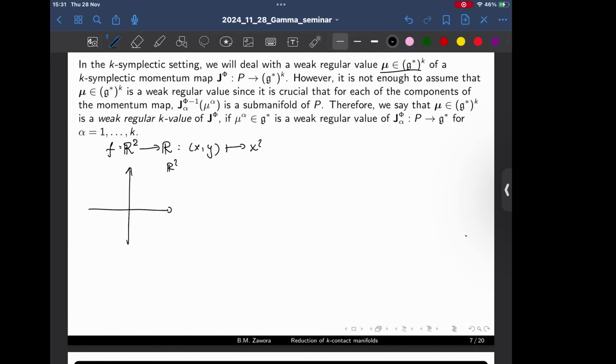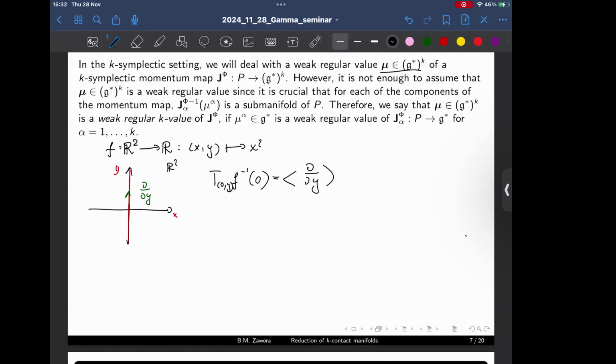So then, if R2, you can see that the tangent space at (0, y) of f^{-1}(0) is spanned by d over dy, since this is this space. So of course, the tangent vectors are d over dy.